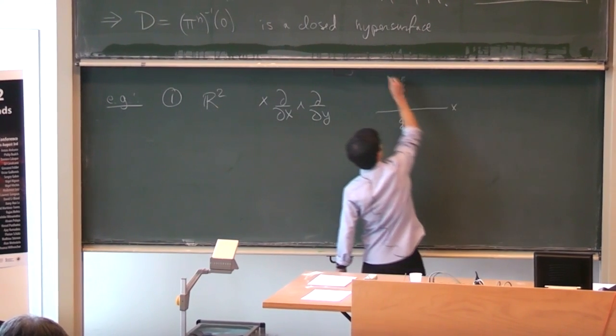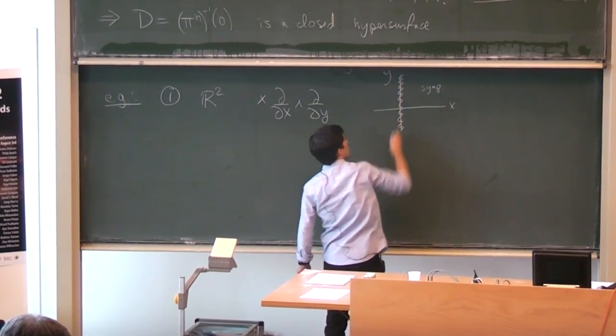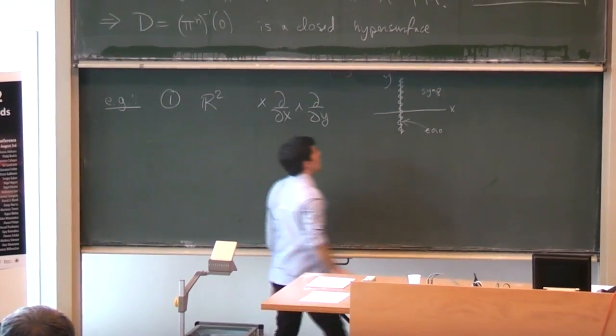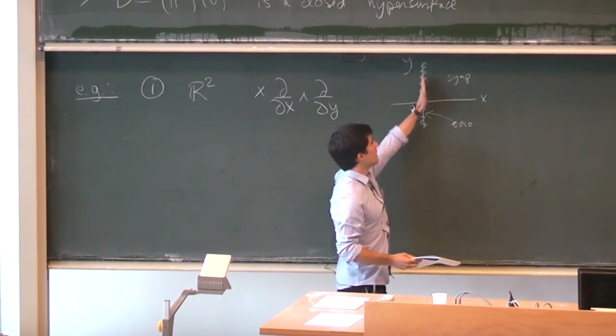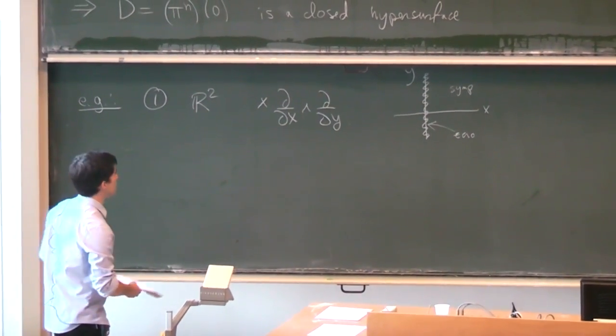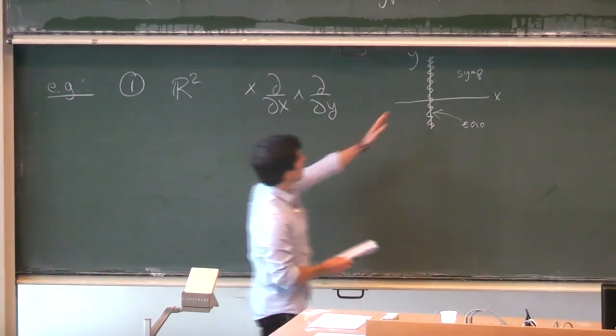Okay, this is the x and y axes. So here it's symplectic away from the y-axis, and it's exactly zero on the y-axis. So in this case, the degeneration locus is indeed an embedded, closed hypersurface in the manifold. This is x equals 0, yeah?